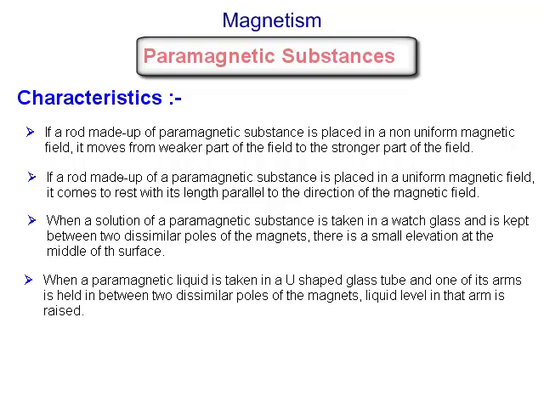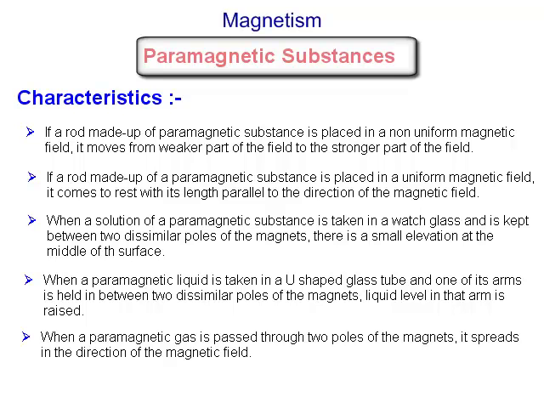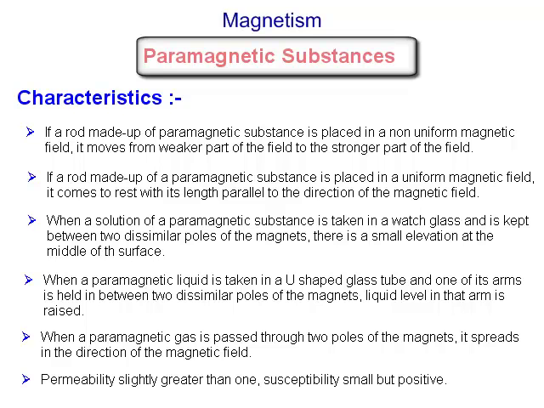When a paramagnetic liquid is taken in a U-shaped glass tube and one of its arms is held in between two dissimilar poles of the magnets, liquid level in that arm is raised. When a paramagnetic gas is passed through two poles of the magnets, it spreads in the direction of the magnetic field.